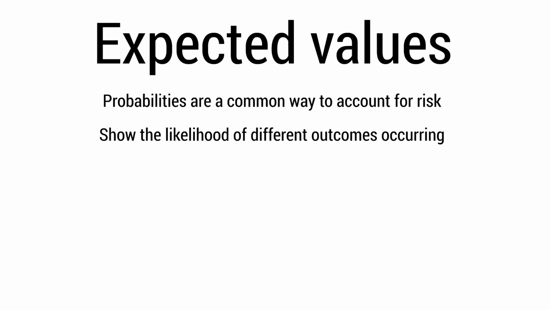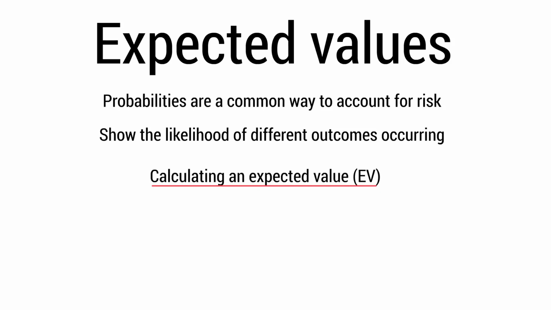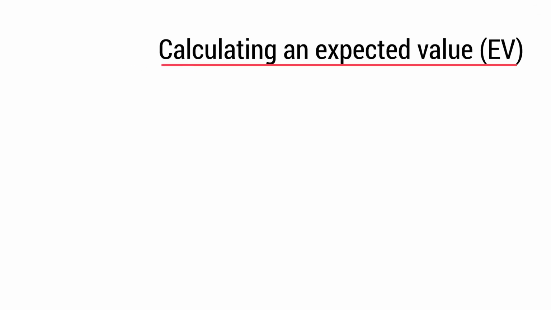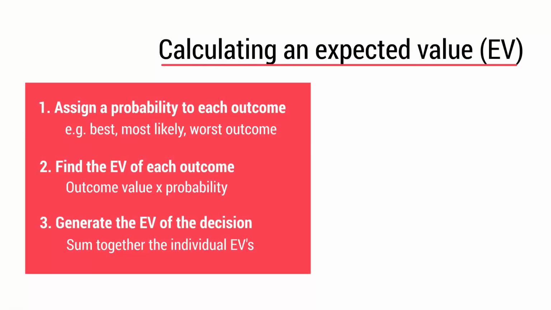So how would we go about calculating an expected value? Well, it's a three-step process. The first step is to assign a probability to each outcome. So you think of several different outcomes that could happen as a result of launching this product or undertaking this project, whatever it may be, and you assign a probability to the best, the most likely, and the worst outcome.